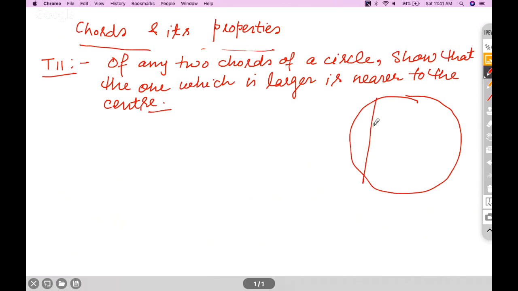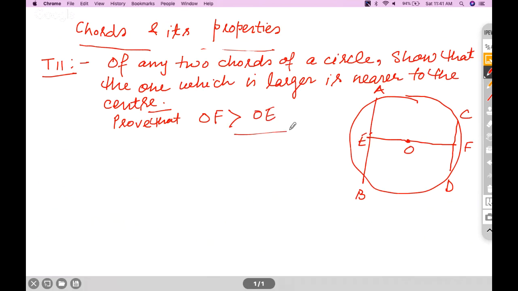So this is AB, and suppose this is CD, and this is O. So suppose this is OE and this is OF. You have to show that OF is greater than OE. Solve it for 2 minutes, then I will solve it.